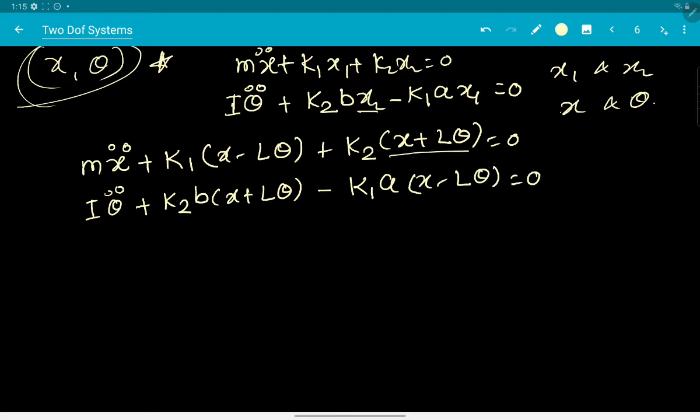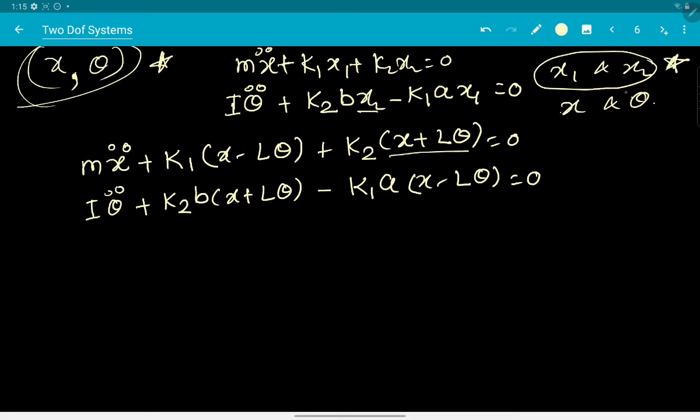So these are two equations when you are writing down in terms of x and theta rather than x1 and x2, as we have just now seen in the previous case when we chose that set of two displacements.